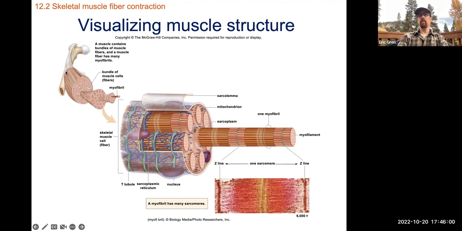Points of origin, points of insertion, where muscles are attaching to bones, those are held to the bone by tendons. Ligaments are connecting one bone to another bone. So you want to be familiar with these different structures involved in the organizational levels of skeletal muscle tissue.